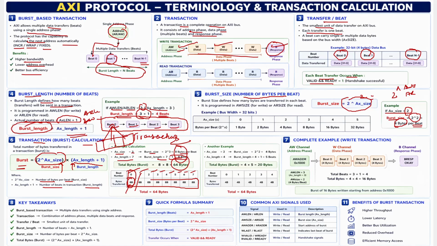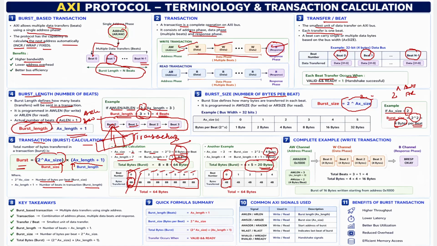Another example. AW size is 2 and burst length is 4, so the number of beats is 5? What is the number of bytes we need to transfer? 20 bytes of data. In beat 0, 4 bytes, because this is the AX size, 4 bytes of data.